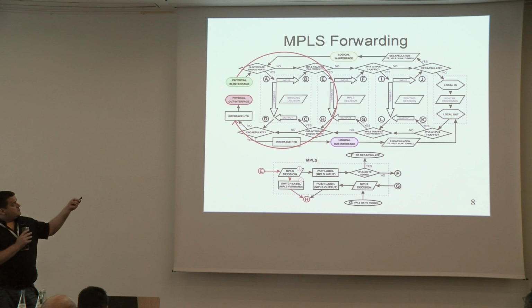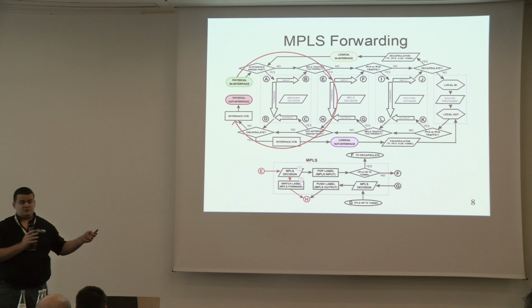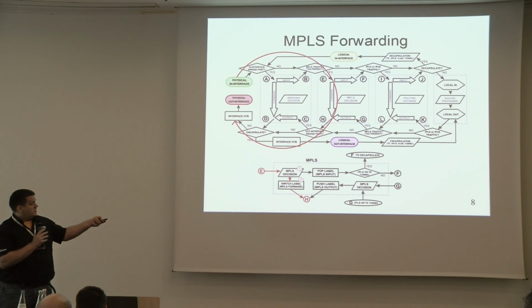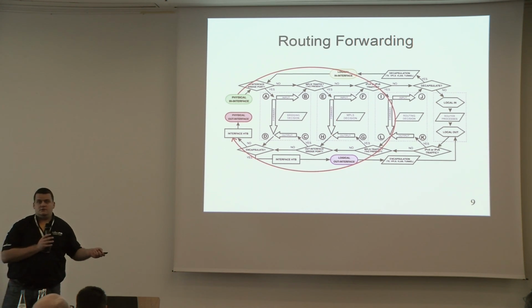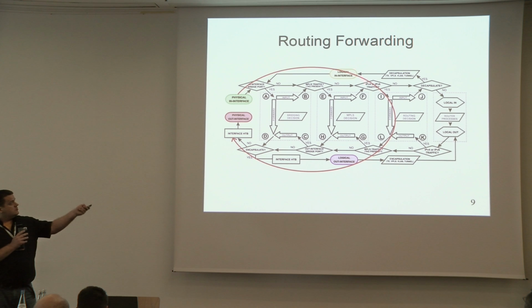If we talk about MPLS, going this way, through the second box, MPLS is quite simple if you want to diagram it, a little bit more complicated to configure, but it's MPLS decision and switch label, and that's it. And our favorite and most complicated is routing, going through the last box.